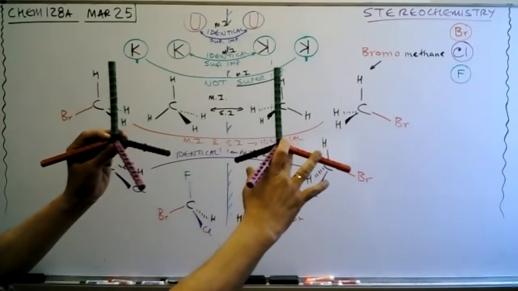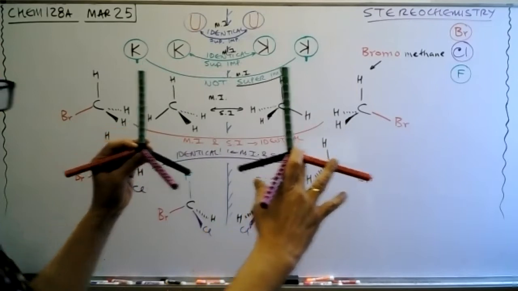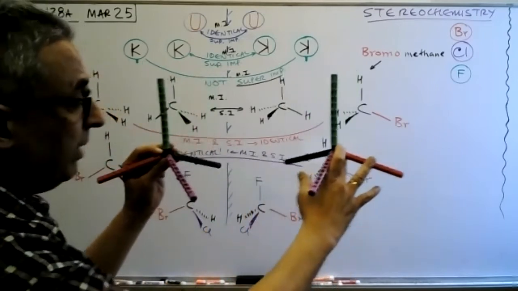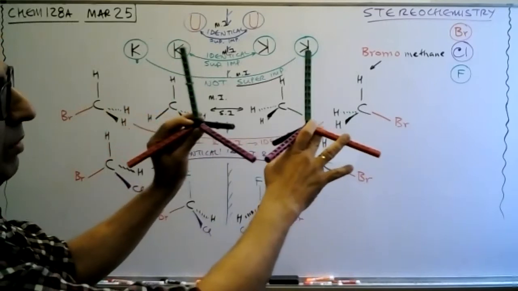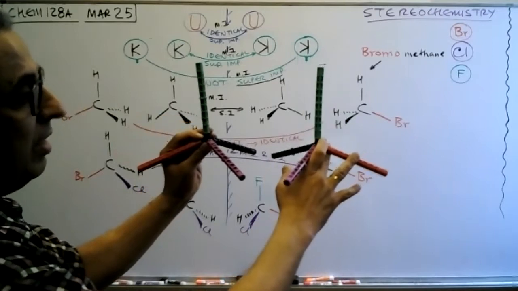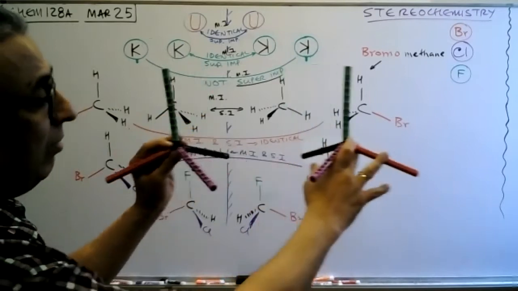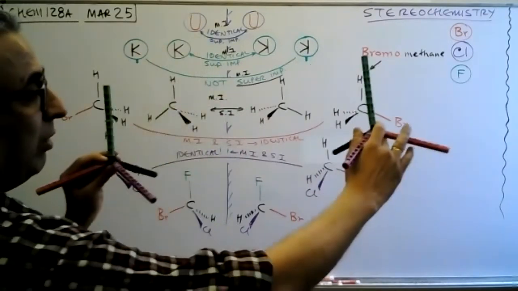So each carbon has four different things attached. Of course they're mirror images, right? The hydrogens are mirror images. The chlorines are mirror images. The locations are perfect. The fluorines are mirror images. This is exactly how the mirror image of this molecule will look in the mirror.